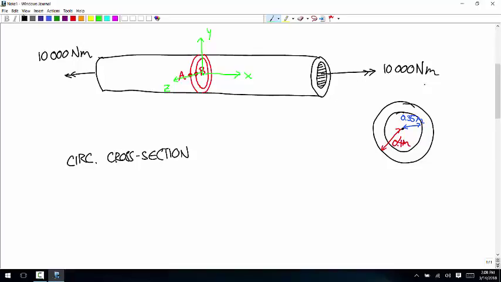So in this case, tau xy is equal to negative torque times rho over I sub p.